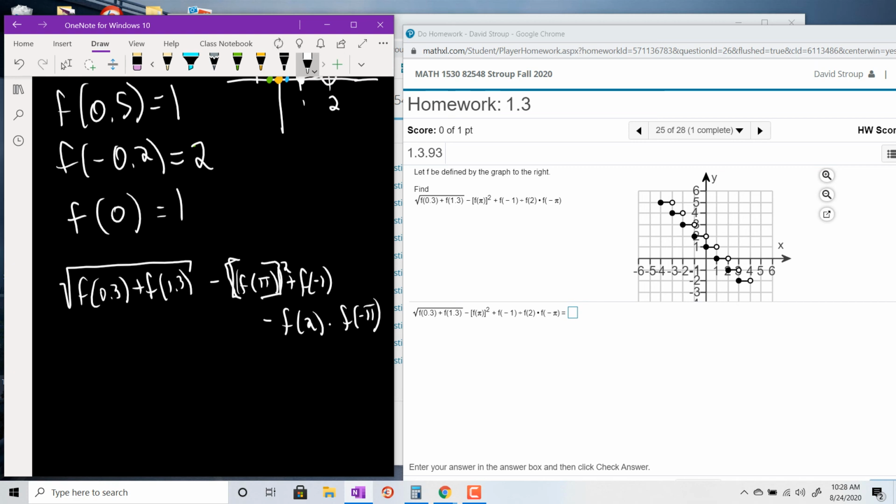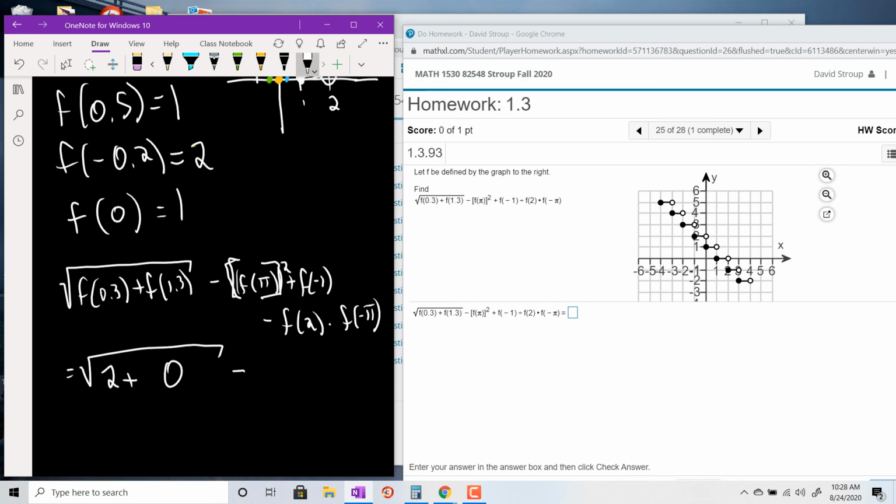So f of 0.3, if you look over there on the graph, will be 2. So this equals the square root of 2 plus f of 1.3. 1.3 is here, so that's 0.